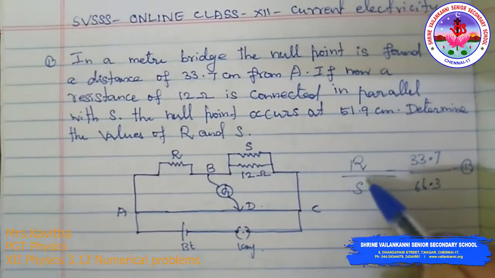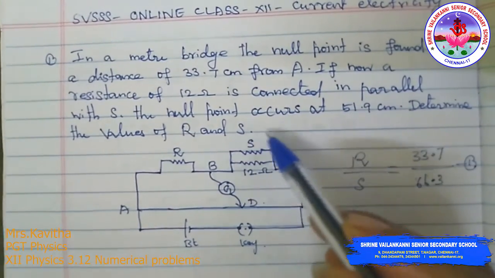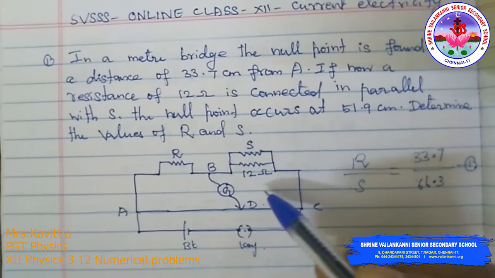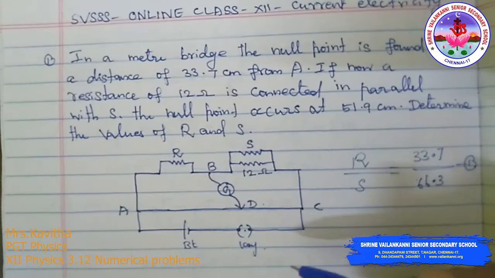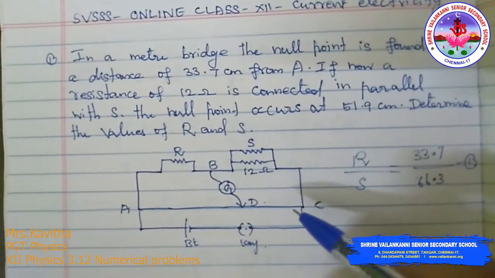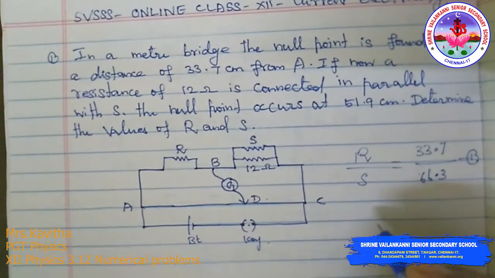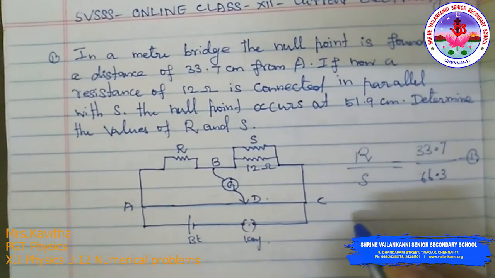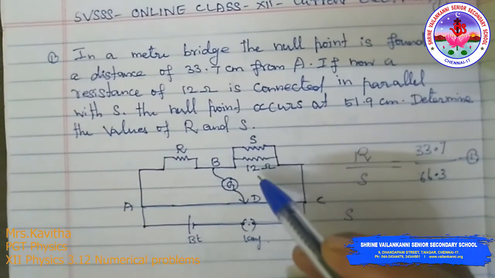So here in the S, we want to find out this S. We have some complication here. We have to take it as when S is shunted by a resistance of 12 ohm. So its net resistance, S equivalent, is in parallel.